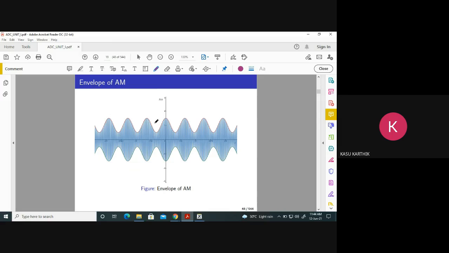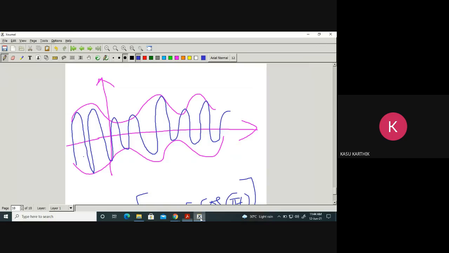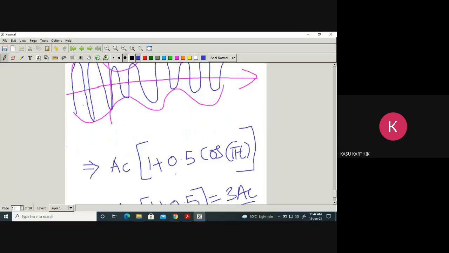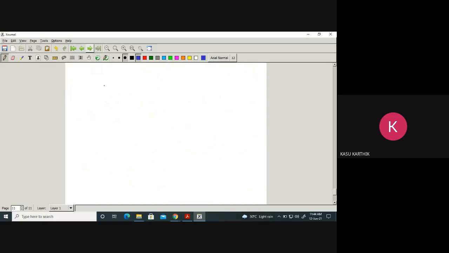Now what is the envelope of your AM signal? You just go back and join the peaks. This was your AM signal.